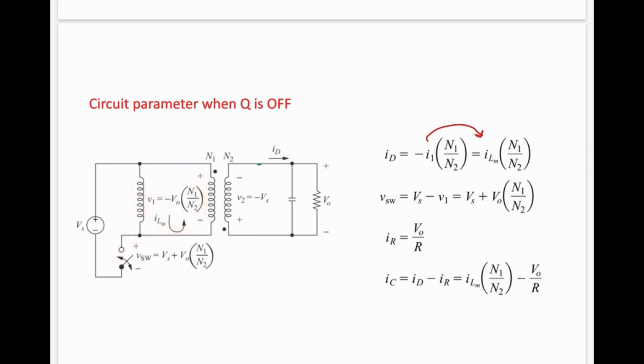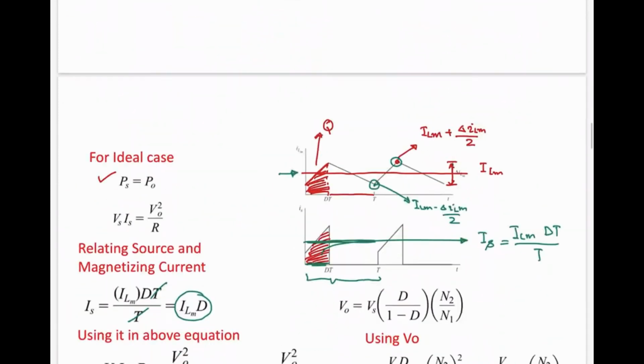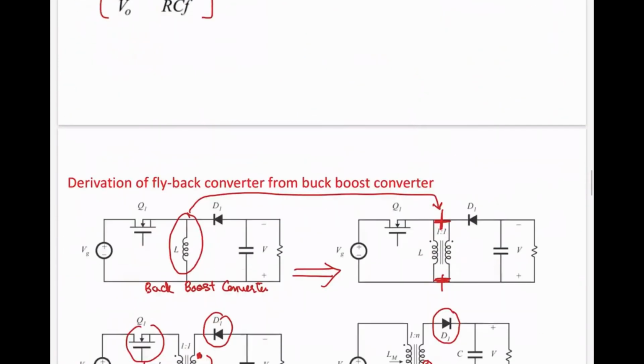It's always considered positive. It cannot be negative, because once the whole of the energy stored over here is delivered, the current will become zero. The current cannot flow in the opposite direction. This is not possible. So negative current is not possible in the magnetization branch in the flyback converter.